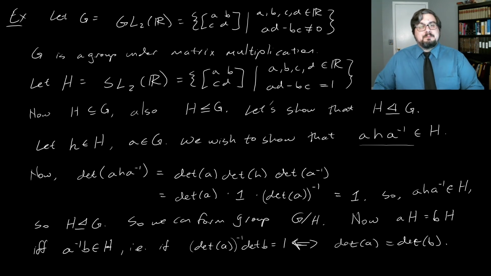We are going to be able to say that it's isomorphic to that, but we'll get to that a little bit later. For now, we see that H is a normal subgroup of G, and so we can, in fact, form the group G mod H.